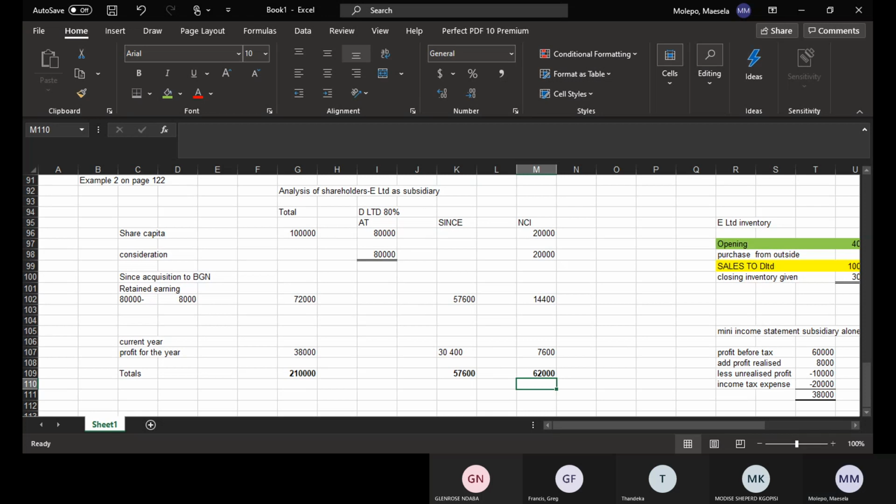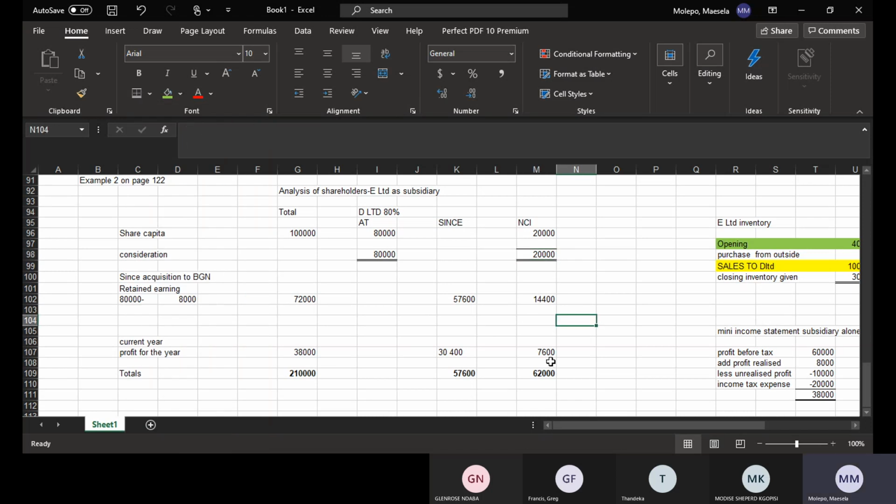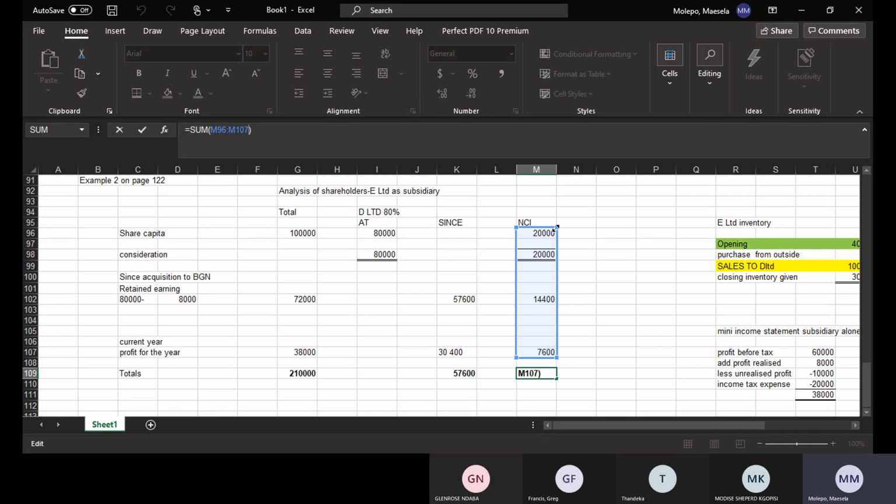Then, sorry, I did something, this one should be balances. Then we add until here.